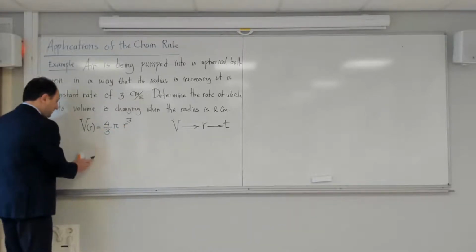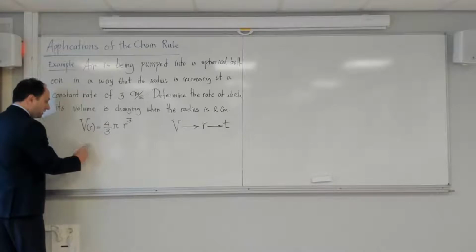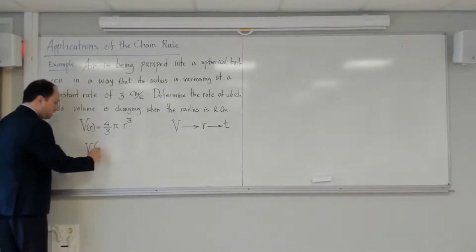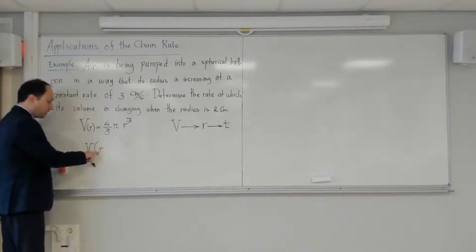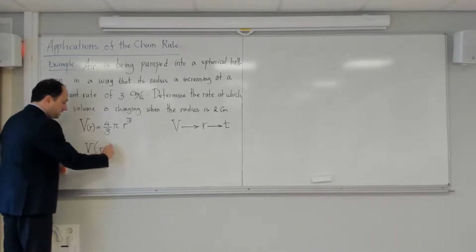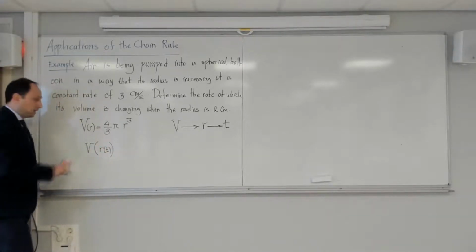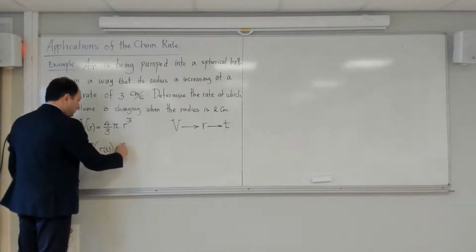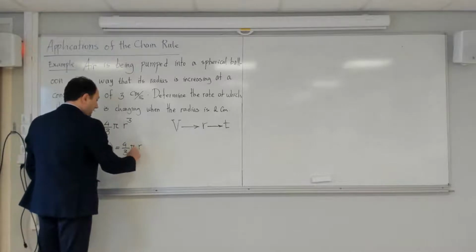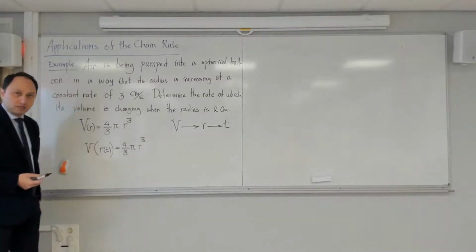So if I want to be more strict and write it completely, I would say V depends on R, but R itself depends on T, and then this is equal to 4/3 pi R cubed. Usually that dependence is implicit in the formula.